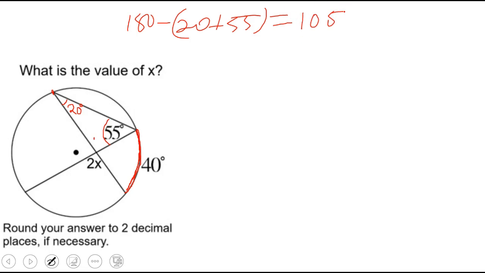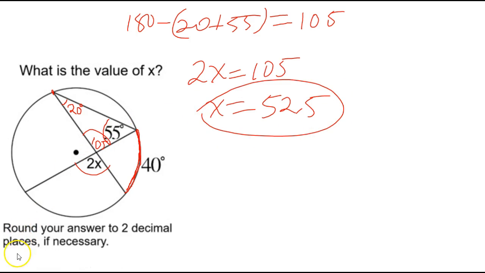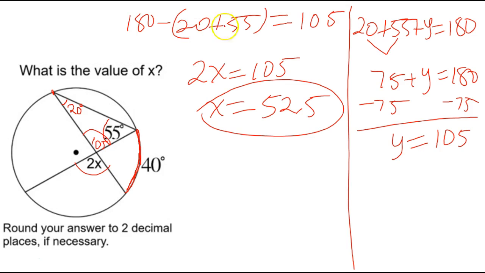So this angle here is 105. And that angle 105 is vertical to 2x. See that? So that's why we can say 2x is equal to 105 because vertical angles are congruent. Then we divide that by 2 and we get 52.5.